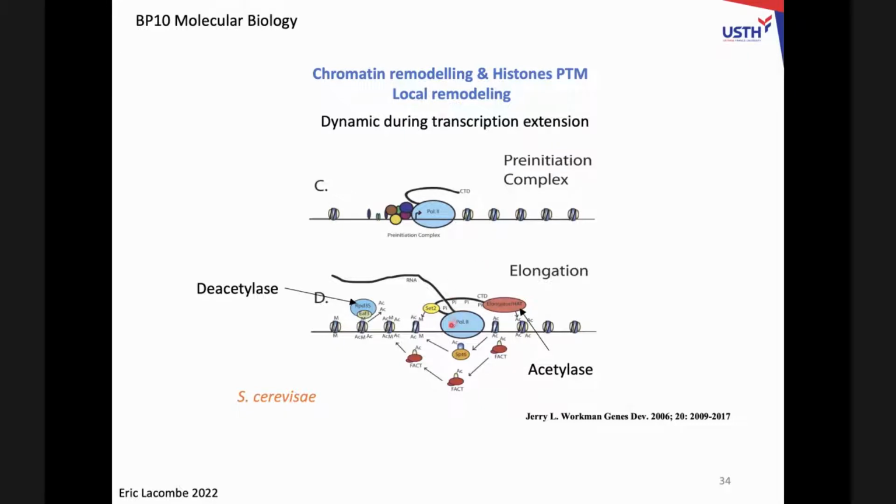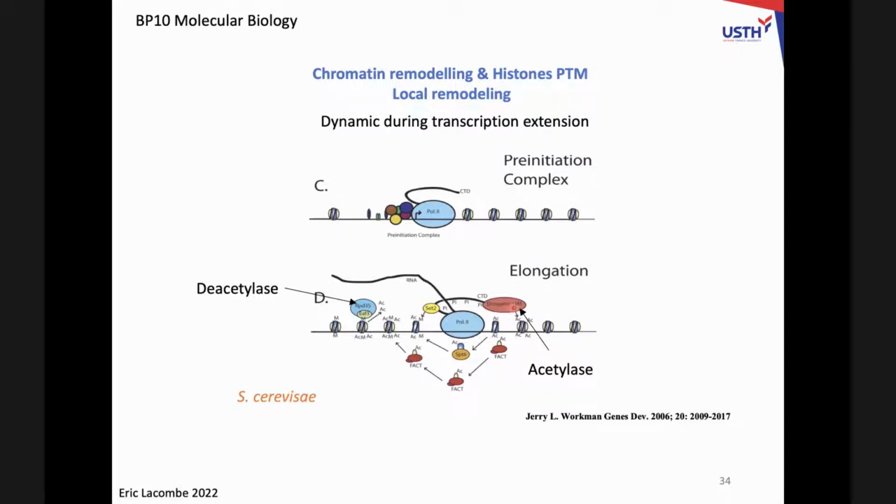So how does it work now? You have the polymerase that needs to go on transcribing, so it needs to move along the DNA, but because of its C-terminal domain, which is in interaction with an histone acetyltransferase, what is going to happen? Just a little bit before the Pol2, it's going to transfer acetyl groups to histone H3 at position 9.